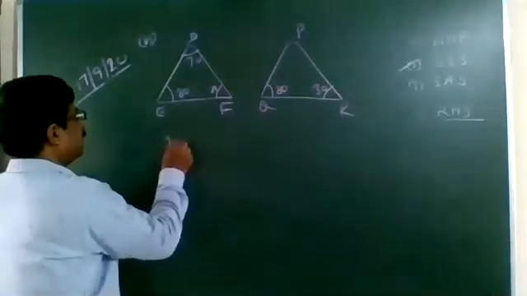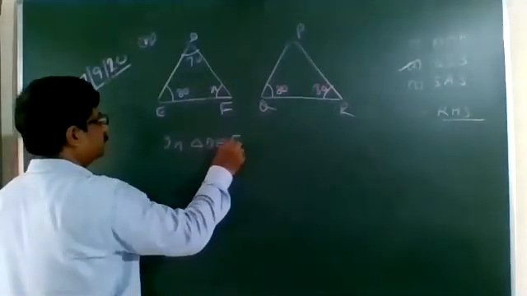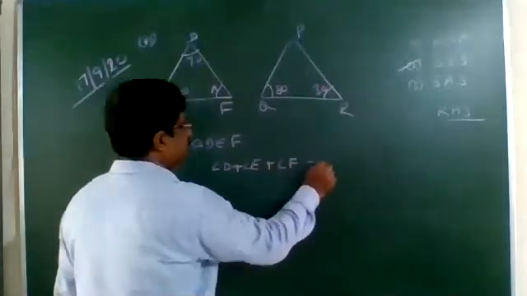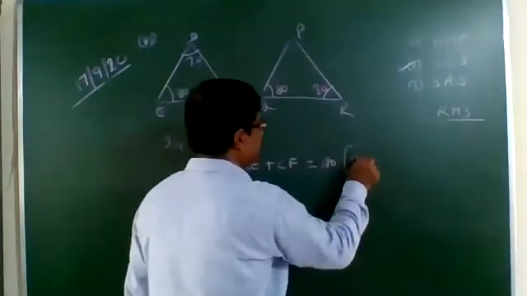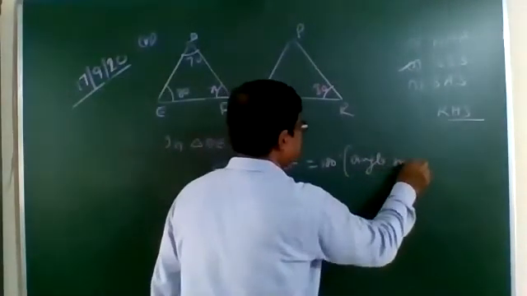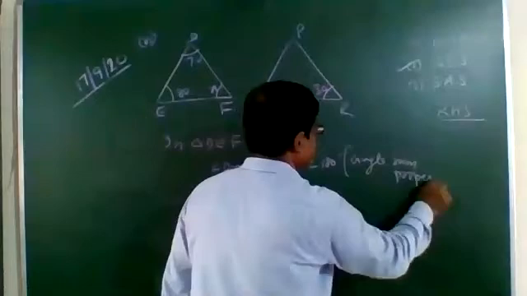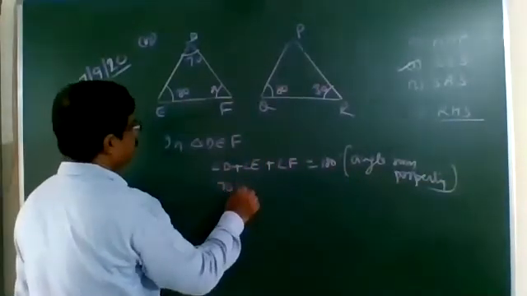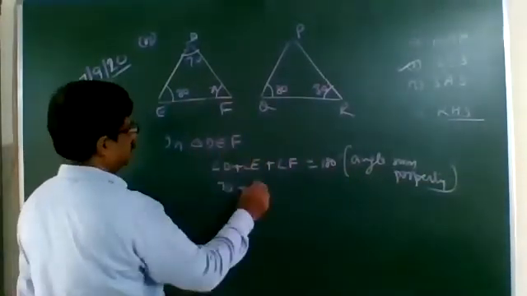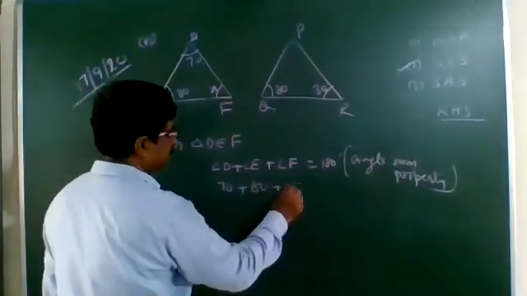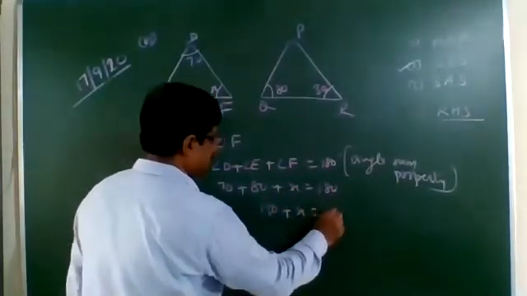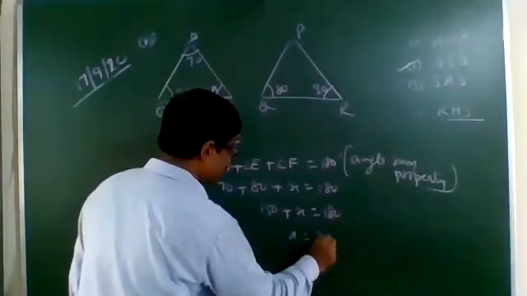Now in triangle DEF, angle D plus angle E plus angle F equal to 180 degree. This is because of the angle sum property. Put the value of D as 70, E as 80, and F as X. X equal to 30 degree.